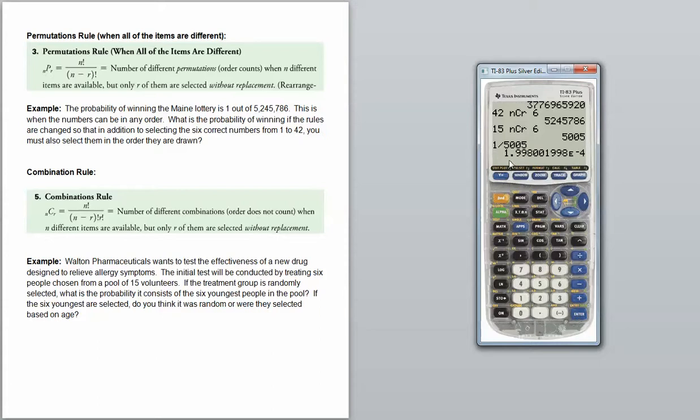That would be 1.998 times 10 to the negative 4, which means we move our decimal 4 places back. Our probability would be 0.0001998. So the probability that we end up with the 6 youngest is very, very small. It would be unusual for that to happen randomly. If we selected the 6 youngest, it would probably be on purpose. All right.